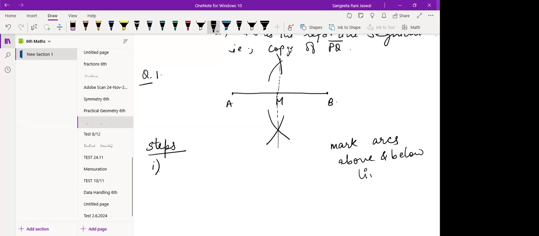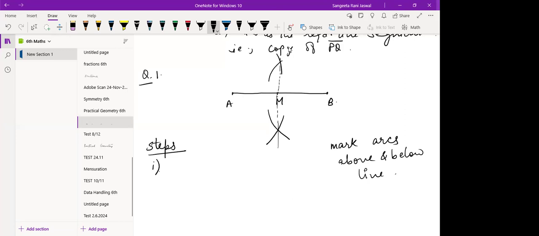Okay, right? Yes, ma'am. Now, again, in the next step, keeping compass pointer at A and with the same measurement, mark arcs above and below the line, the same thing.